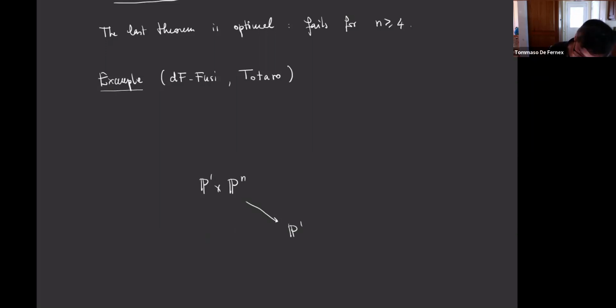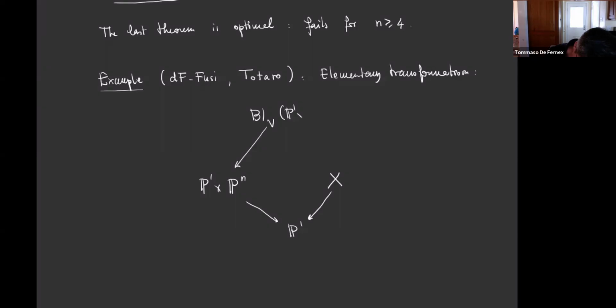And I want to construct a new fibration, which I'm going to call X. I do as follows. What I want to do is an elementary transformation, where I blow up something in a fiber. And then I blow down the fiber, the proper transform of the fiber.